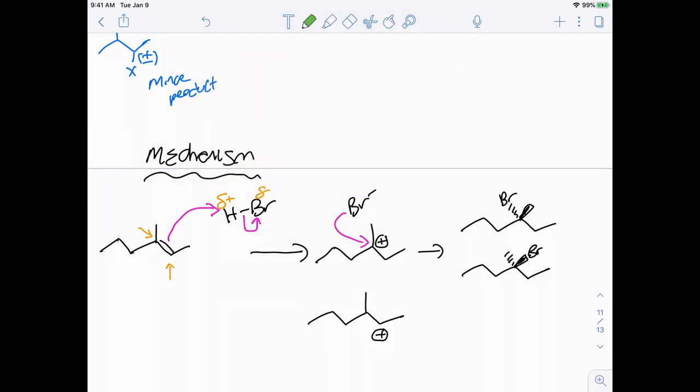This is planar, sp2. So my halogen can add from both sides.